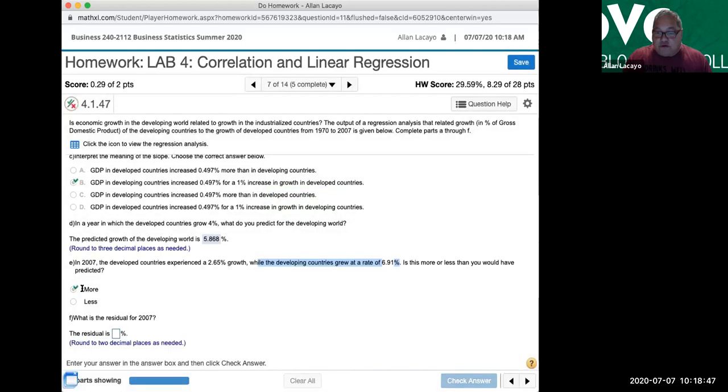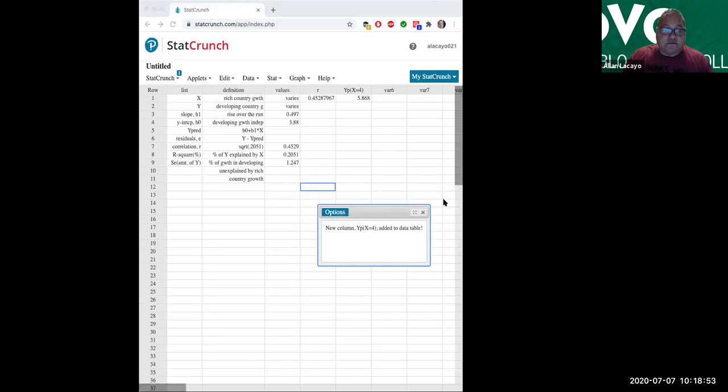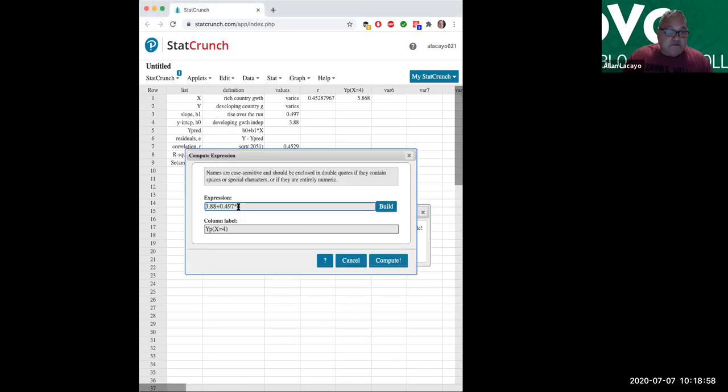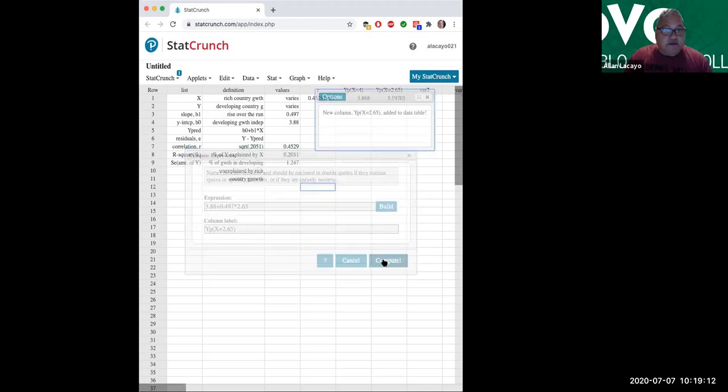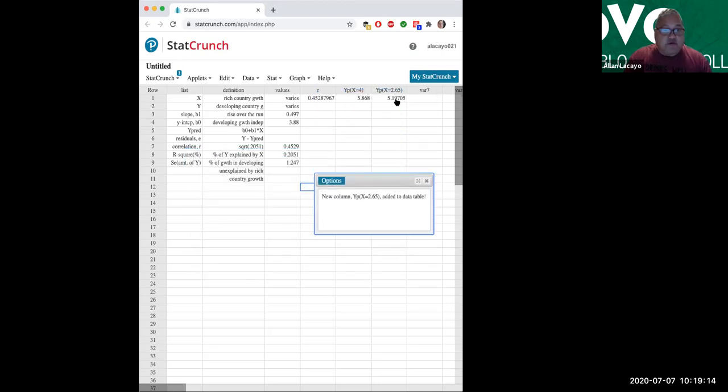If you don't want to reason through with logic for this, you can always go back to StatCrunch and go to Options, Edit, and instead of 4, put in 2.65. And for x being 2.65, you will see the predicted value is only 5.197, which is smaller than 6.9%.